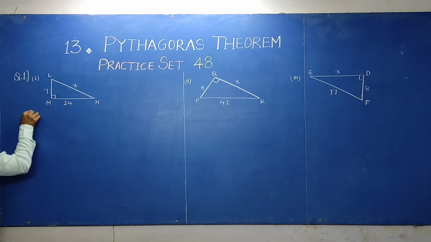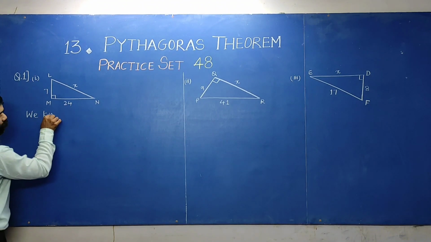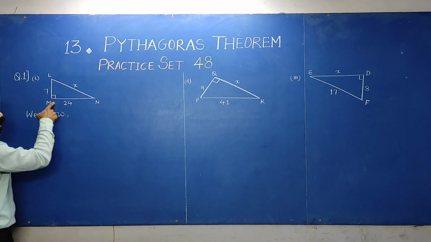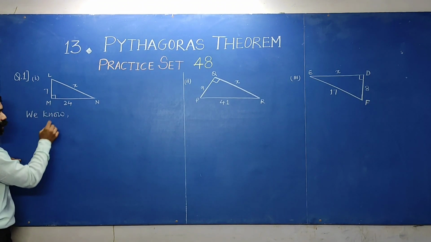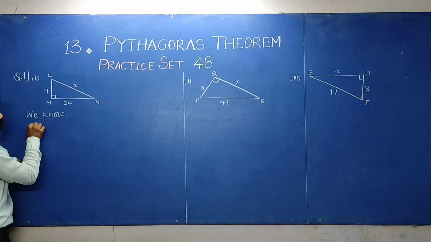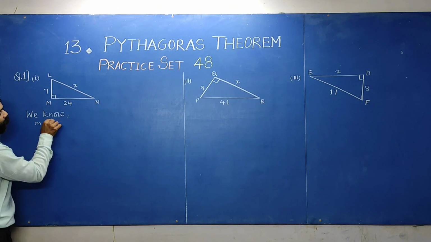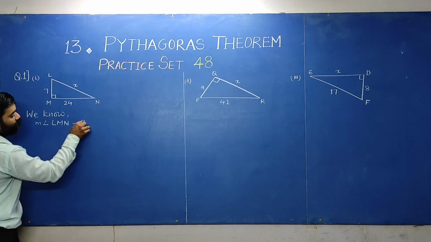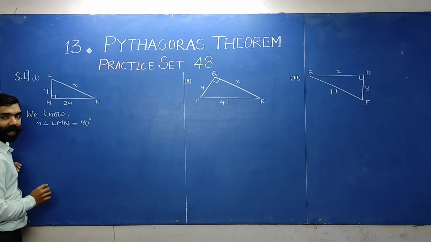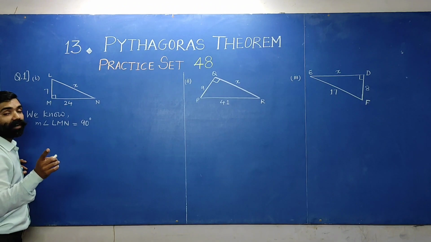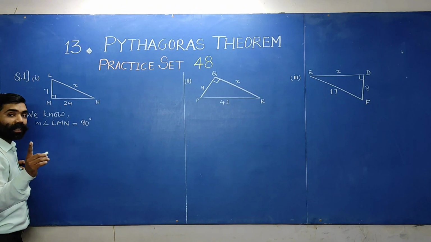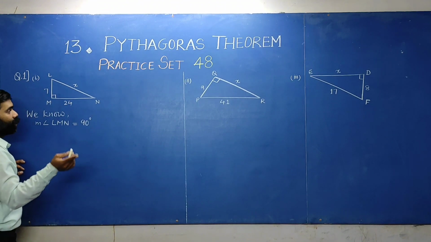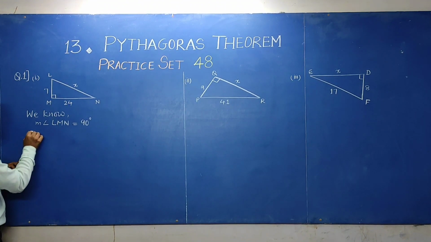We know, measure of angle M is given as 90 degrees. So measure of angle LMN is equal to 90 degrees. If the triangle has a 90 degree angle, then and only then can we use the Pythagoras theorem in it.